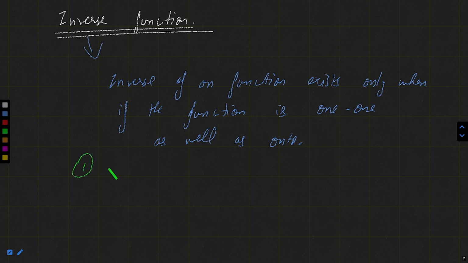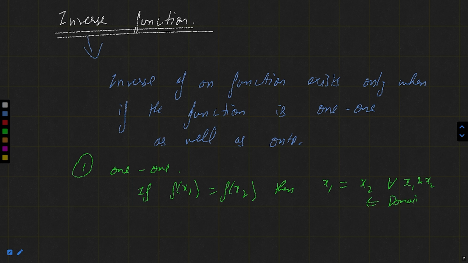If you recall, what do we mean by 1-1? 1-1 means if f of x1 equals f of x2, then x1 equals x2, for every x1 and x2 belonging to the domain of f. The second one is onto.